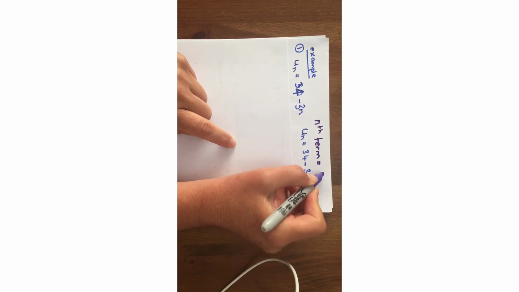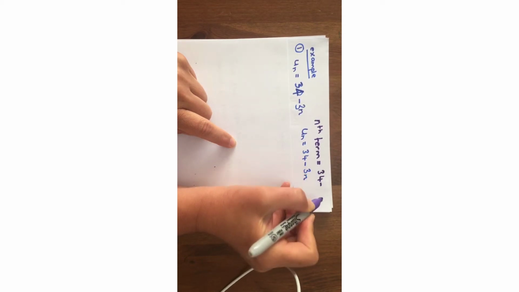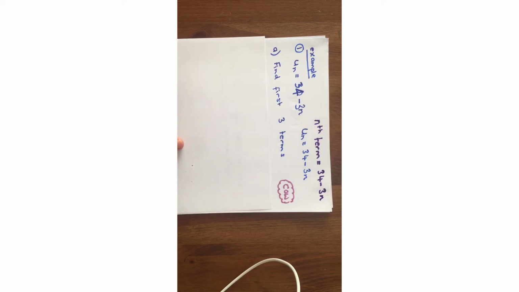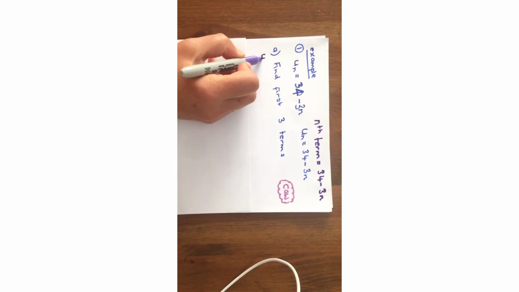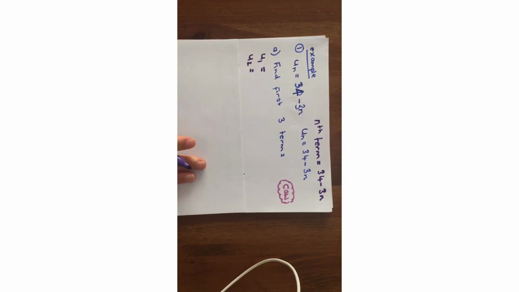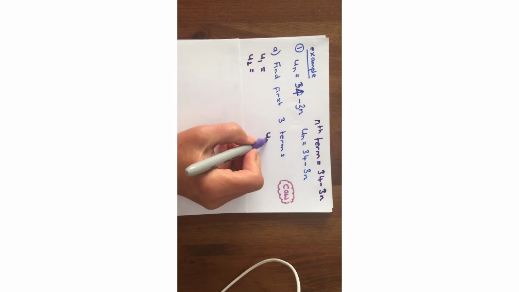In this case, we're saying the nth term is this, where n is the value of the term, i.e. n equals 1 for the first term, n equals 2 for the second term, n equals 3 for the third term. So what we're going to do now is find the first term, the second term, and the third term.